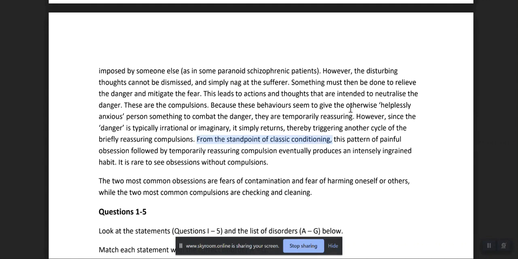Exactly like when it's called, for example, however. When it's used, however, you use however in your writing easily. So you can use this point, from the standpoint of classic conditioning, from the classic point of view, from this standpoint. You can use this kind of concatenation of this standpoint and classic to express something at the end point. Okay, and this is done.